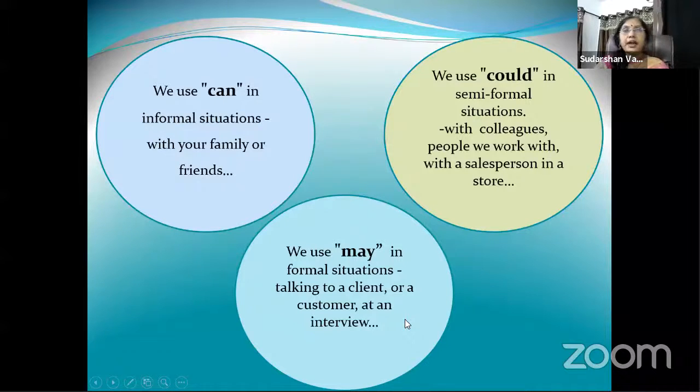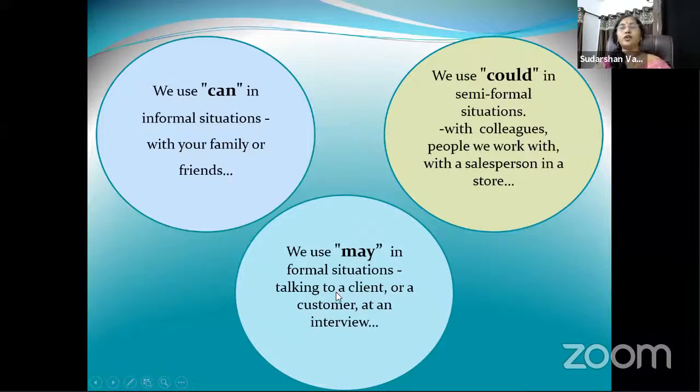For example, at the workplace, as students, once you get selected, you enter the workforce. If you're talking to a client or a customer, or you as students facing an interview board, or you as employees talking to co-employees or a boss, or talking in a formal situation in a meeting, or addressing an audience, one to many, then that is a very formal situation.